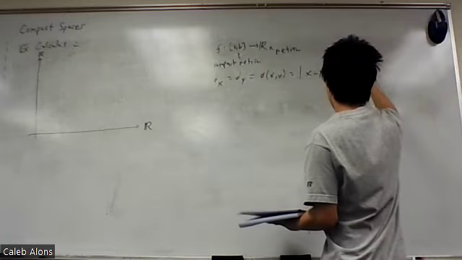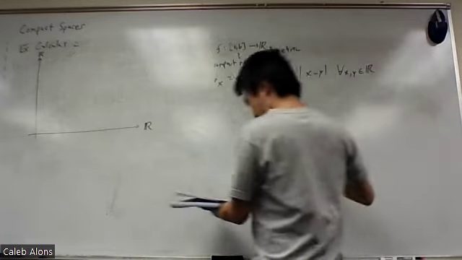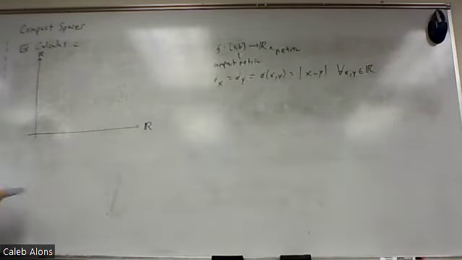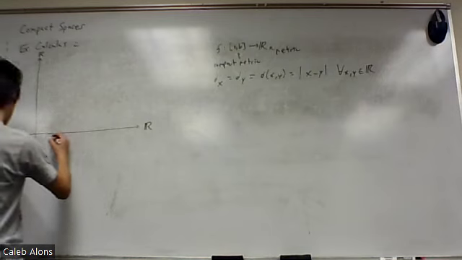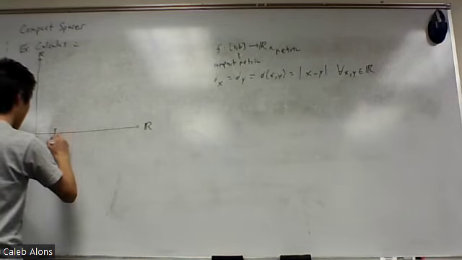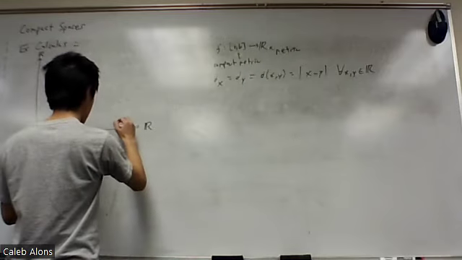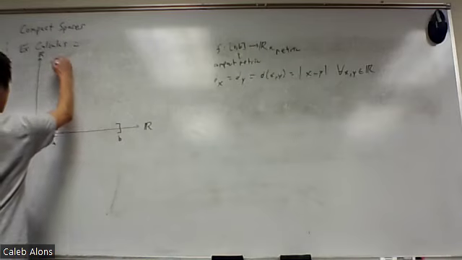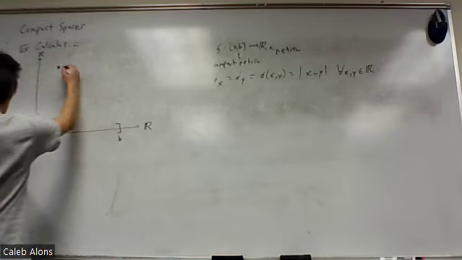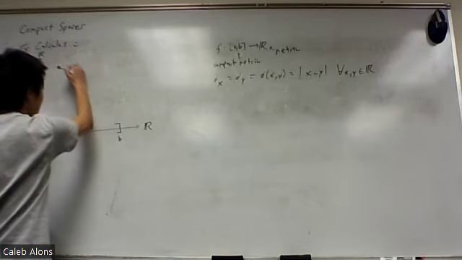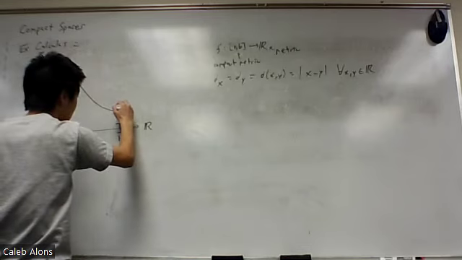That'll be x, y in R. So here's an example. If here's A, and I'll do B here, let's say this starts somewhere and ends somewhere.